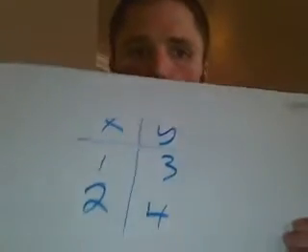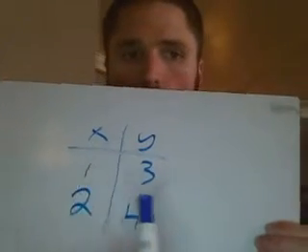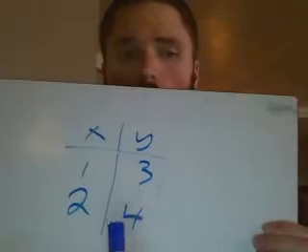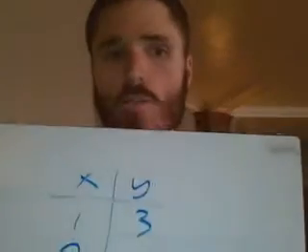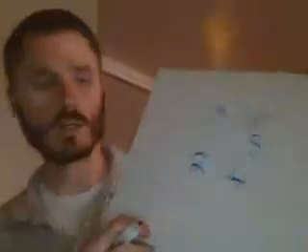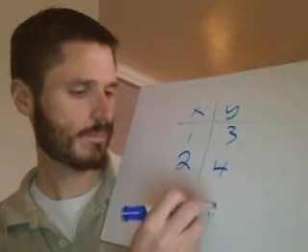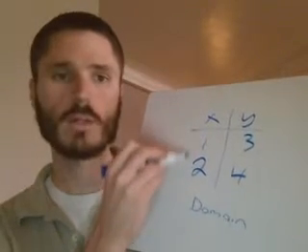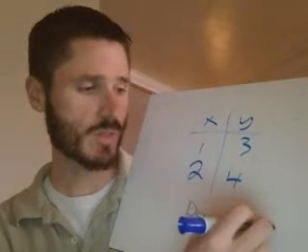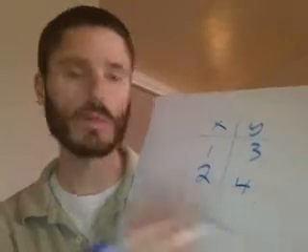Imagine I had a table with just the following numbers: 1, 2 in the x column, 3, 4 in the y column. What would be the domain of this table? Well, the domain would simply be the numbers 1 and 2. So I would just list those, 1, 2.